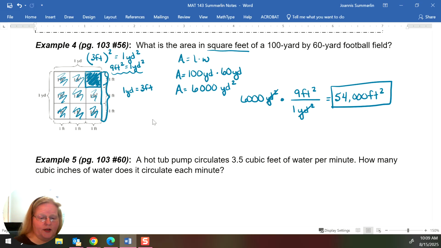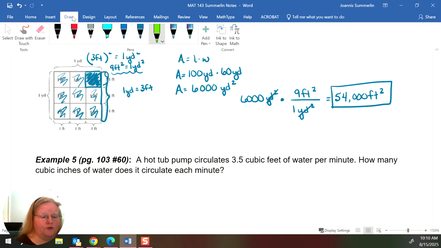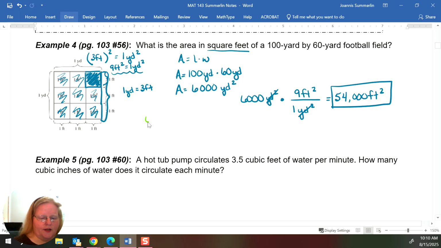So I'm going to show you an alternate way. If I start out with the 6,000 yards squared, I can multiply it by 1 yard and 3 feet.